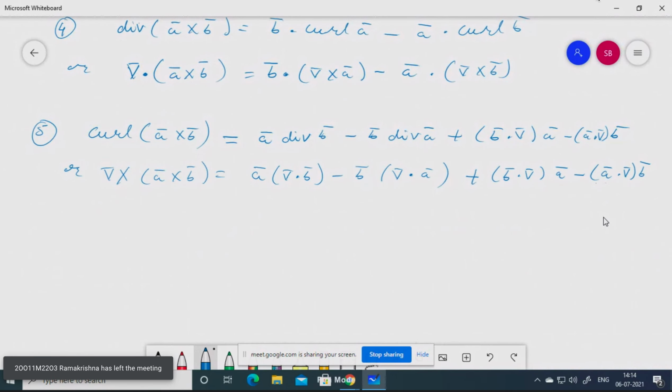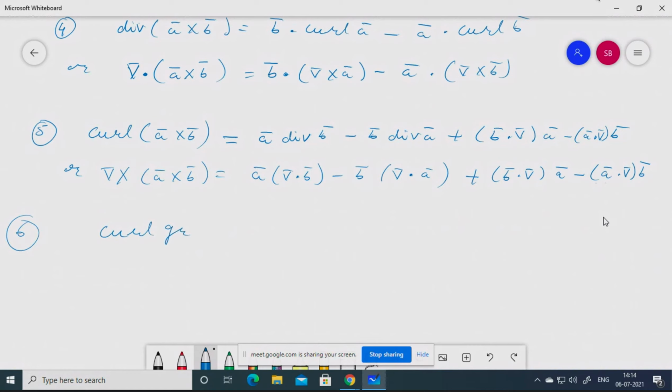Next one, you have to prove that curl of gradient of phi. So curl result is a vector, so 0 bar. Or notation wise, this is what you need to prove: del cross del phi is equal to 0 bar.